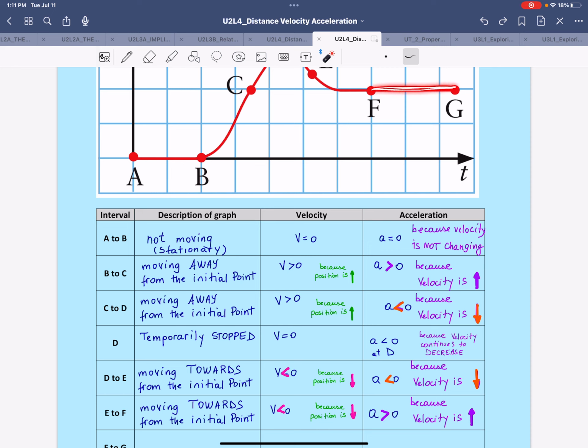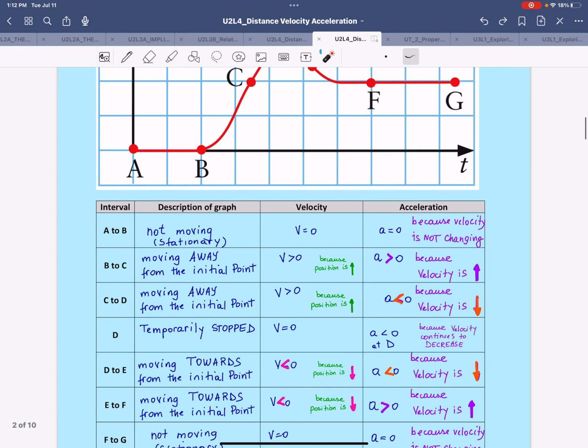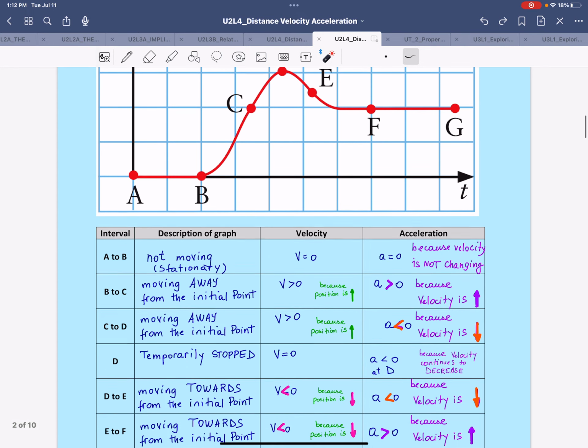The person who is driving or riding the vehicle is taking a break in here. So we're going to say that the object at this interval, from F to G, is not moving, is stationary, which makes the rate of change of position 0, and acceleration as a result will also be 0 because velocity is not changing.